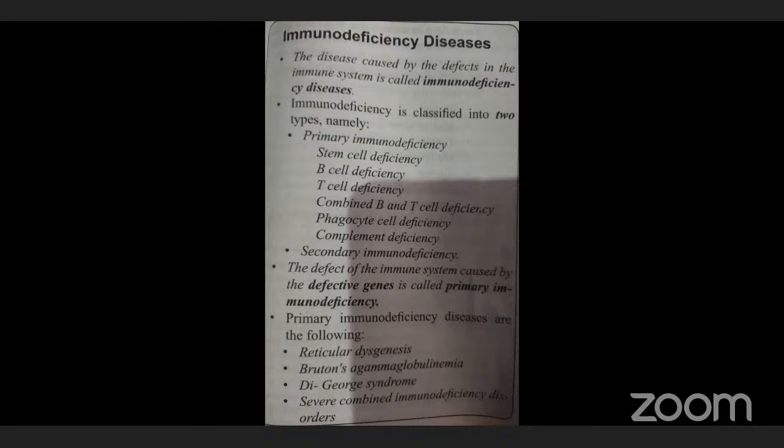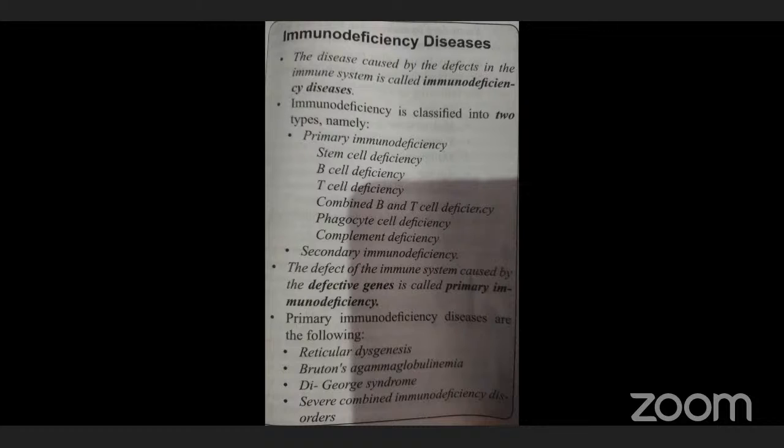Due to stem cell, B or T cell, phagocytic or complement deficiency, it can cause one or many diseases like reticular dysgenesis, DiGeorge syndrome, lazy leukocyte syndrome, and hereditary neutropenia.